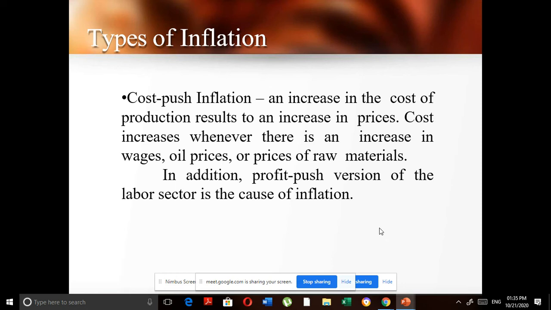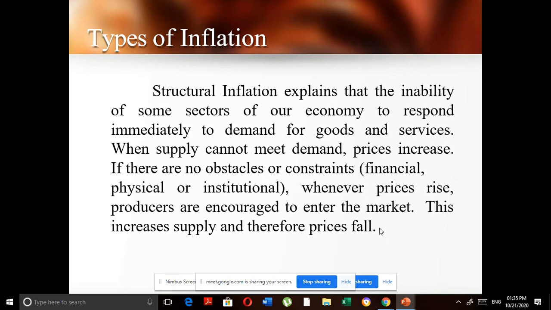Okay, so these types of inflation you have to know. Here, structural inflation, one of the kinds. Structural inflation explains the inability of some sectors of our economy to respond immediately to demand for goods and services. So when supply cannot meet demand, prices increase.